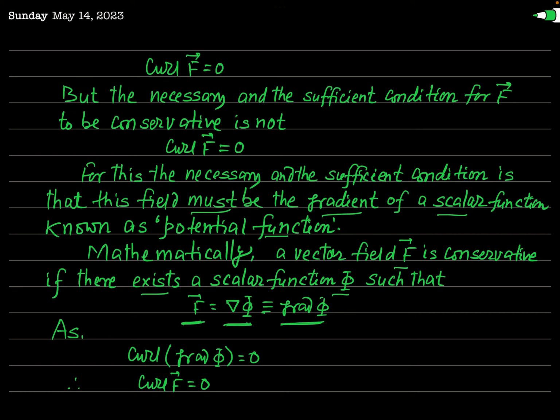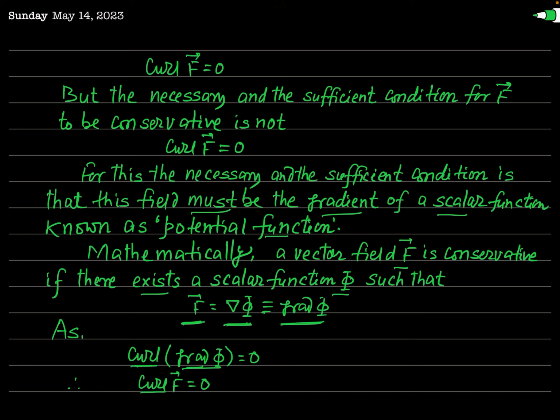Because you know that if f is equal to gradient of phi, then if you take the curl of this gradient of phi, you know from the vector identity that curl of gradient of any scalar function is 0. So curl of grad phi will be 0, and then you will get curl f equal to 0.